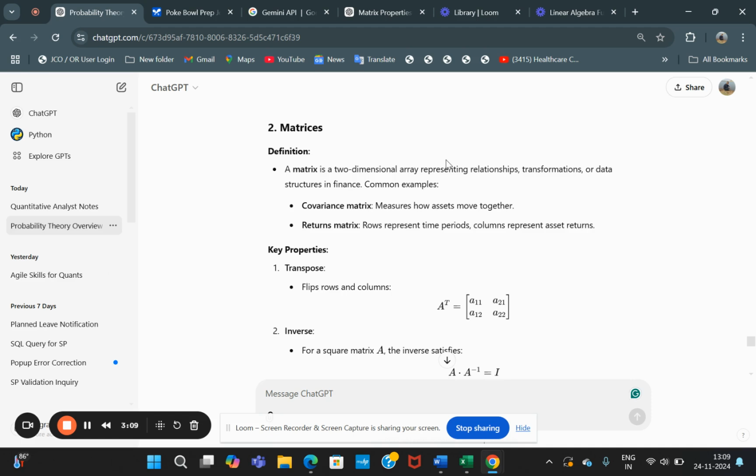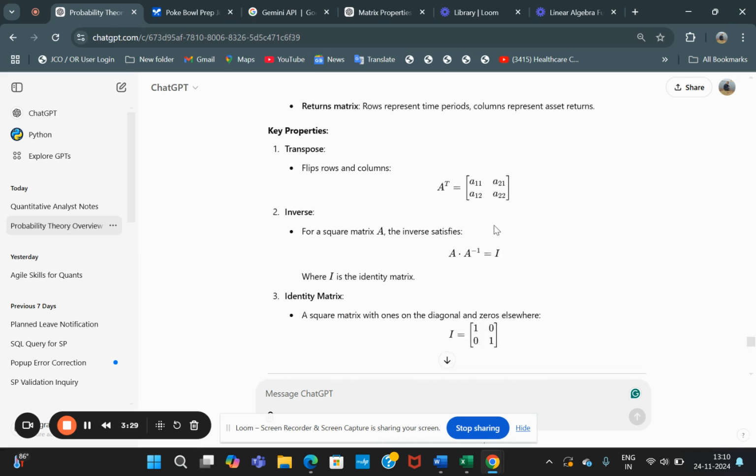If there are two different assets, they may be positively correlated, negatively correlated, or have no correlation, and we measure that in the form of matrices. And in the return matrix, rows represent time periods and columns represent asset returns. Let's first look at the key properties of matrices.